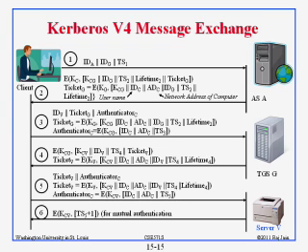And I'm sorry, this should not be IDA. It should be IDC. So here is my ID, here is the ticket granting server I want the ticket for, and here is the time stamp. Here is the time of the day.